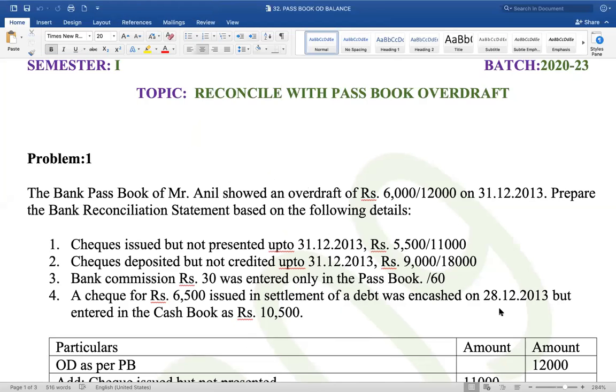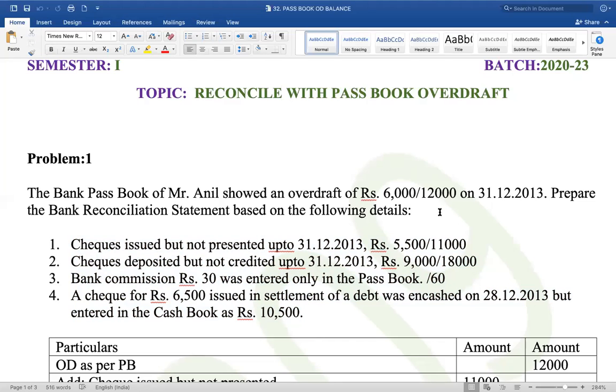What I mean to say is overdraft as per cash book, and overdraft as per passbook. If overdraft as per passbook is given, how do you reconcile with the cash book? This is the information given, and they have given an overdraft balance.